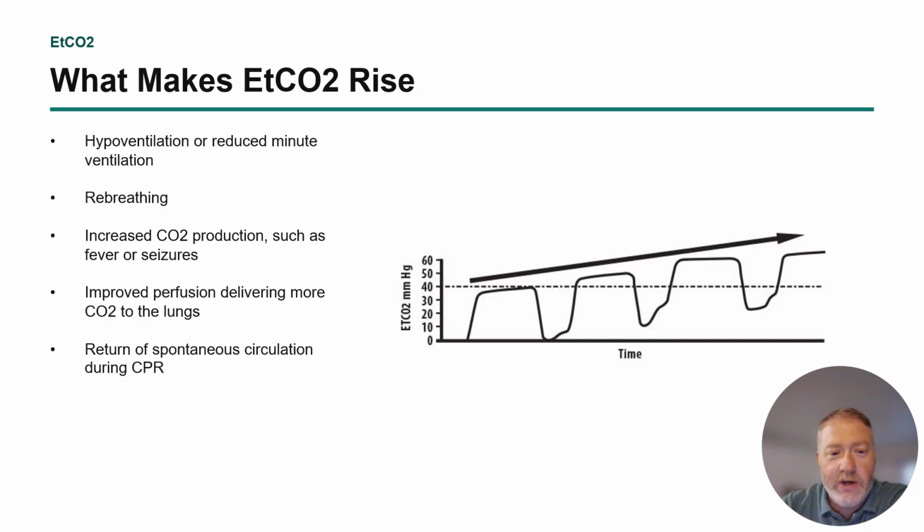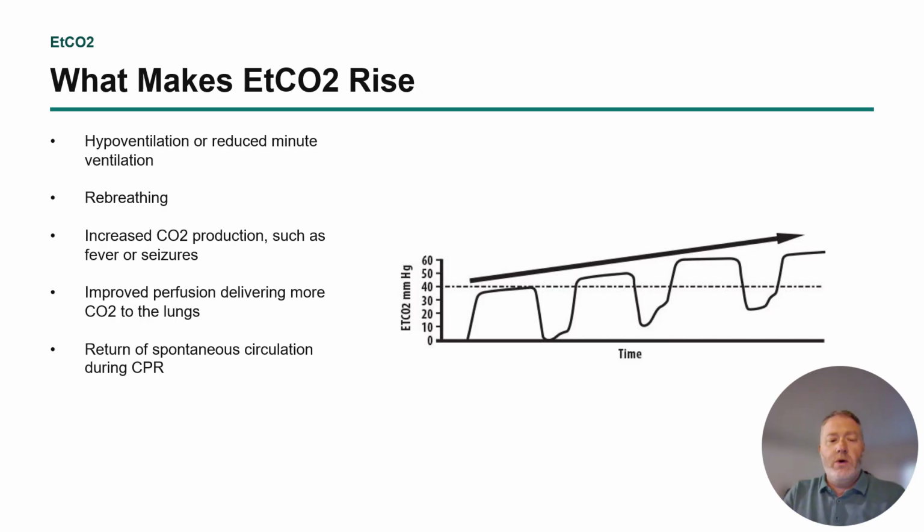How does the end tidal work? So what makes it go up? Here we're trending, and with each breath, the CO2 on the end tidal is increasing. So any hypoventilation, any reduced minute ventilation. Minute ventilation is respiratory rate times tidal volume.